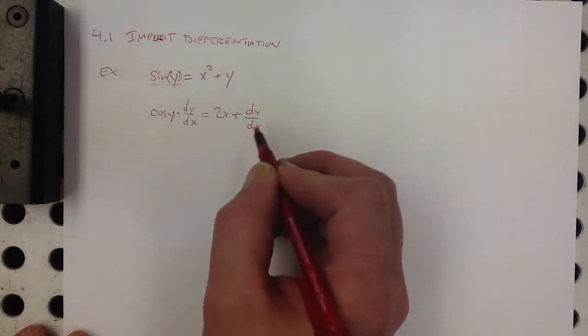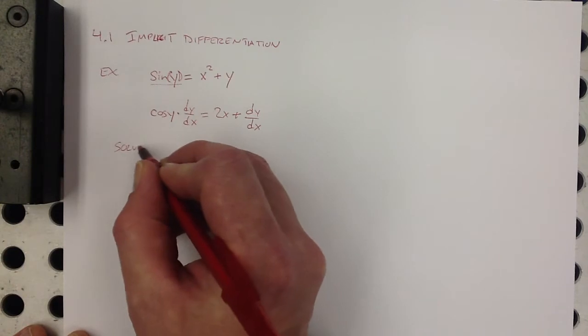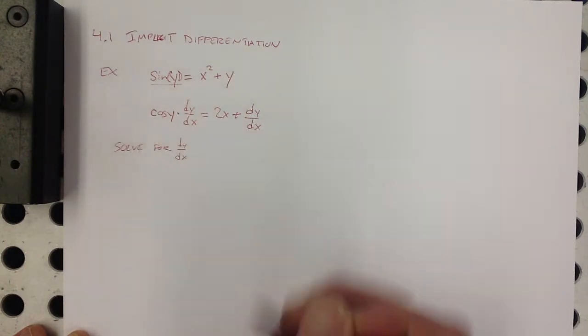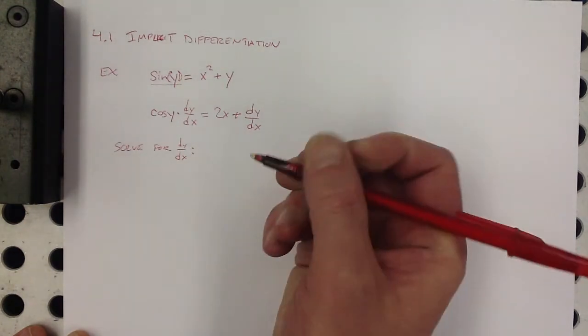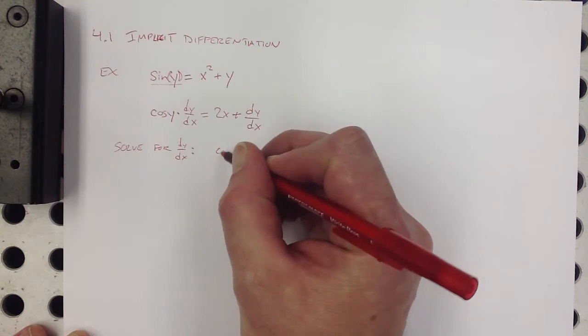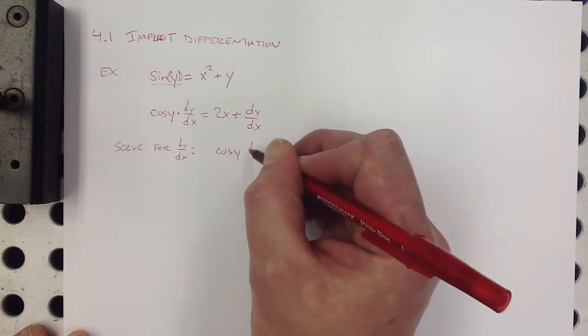Now you solve for dy dx. That means I want to get all the terms with a dy dx in them on one side.